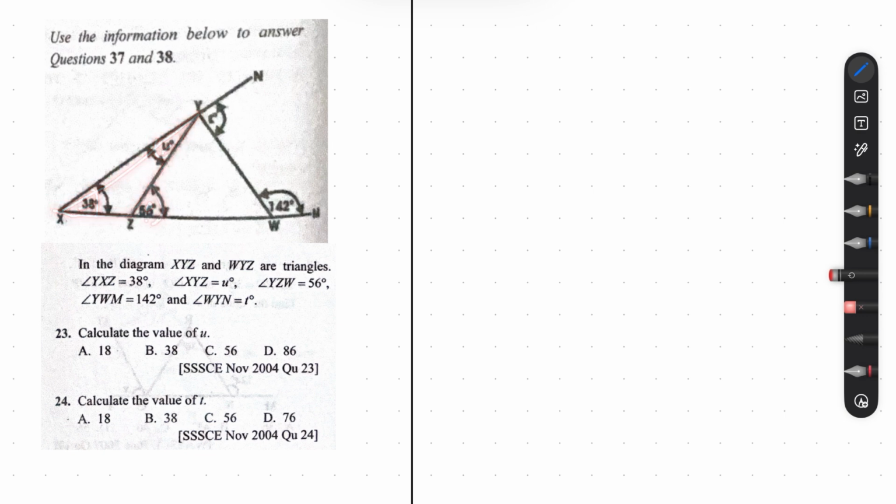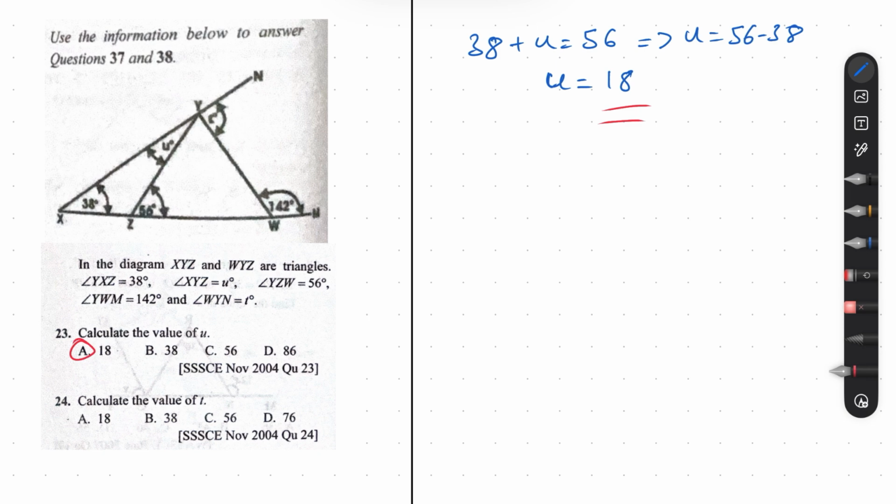So we have 38 plus u should give us 56. So u is equal to 56 minus 38. u is equal to 18. So our answer to 23 is A. Now let's move on to the next portion.